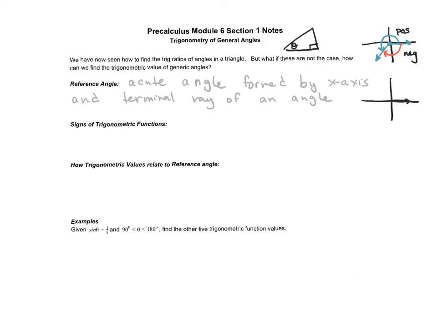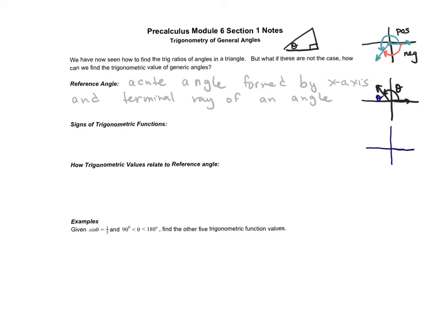So if, say, my angle is here, and I go in this direction, let's say this is my angle theta, then my reference angle is going to be between that last ray and the x-axis, right here. So I might call it theta prime. Theta prime is a pretty typical notation for a reference angle.